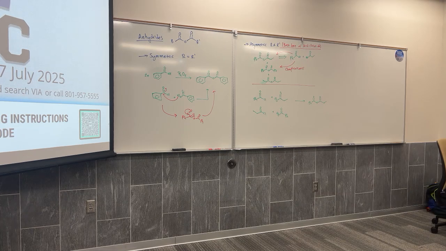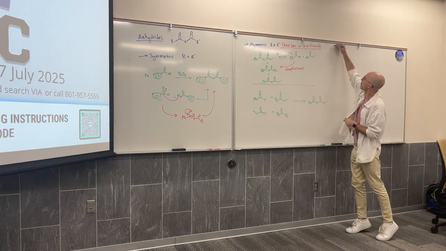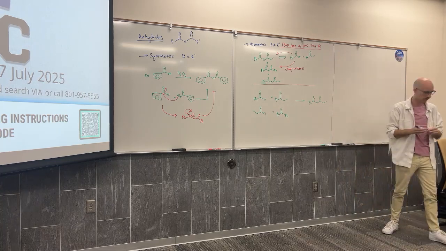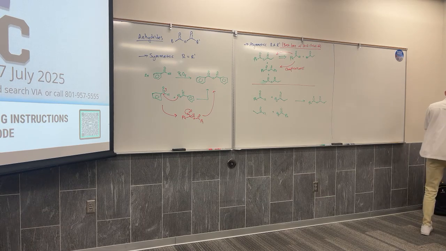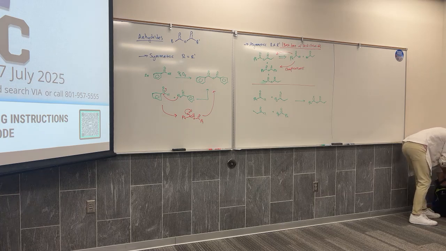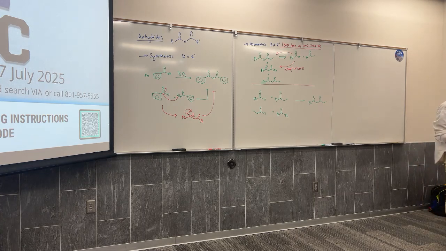Okay, any questions on that? What do you think? Those are our asymmetric anhydrides. Okay. Now, we saw on that graphic how all of the different acid derivatives can be formed from carboxylic acid.